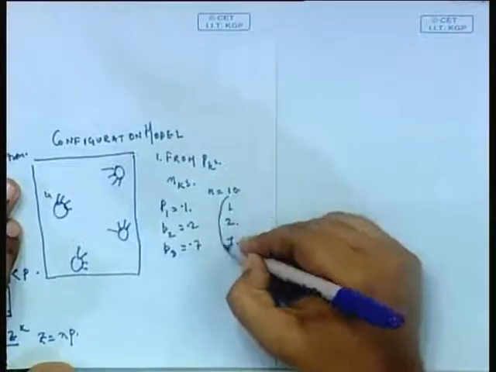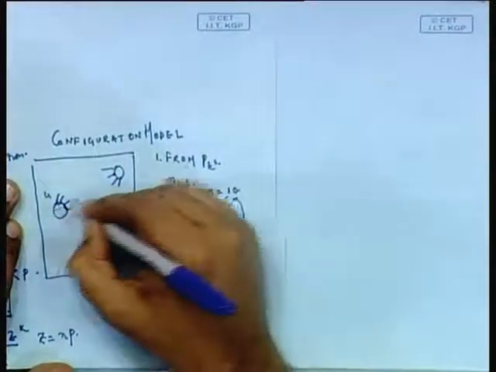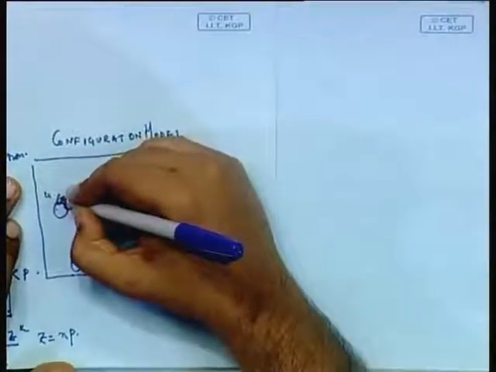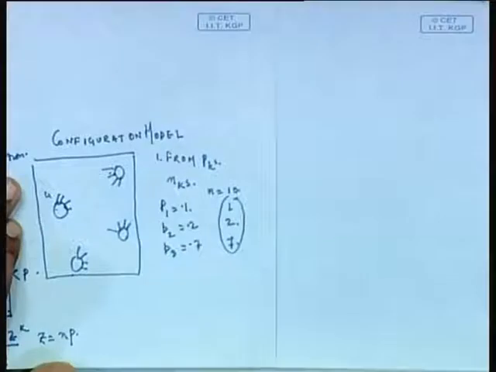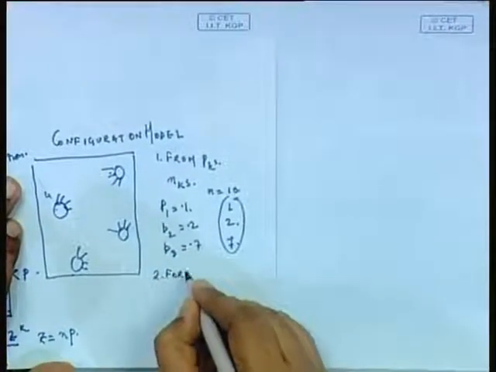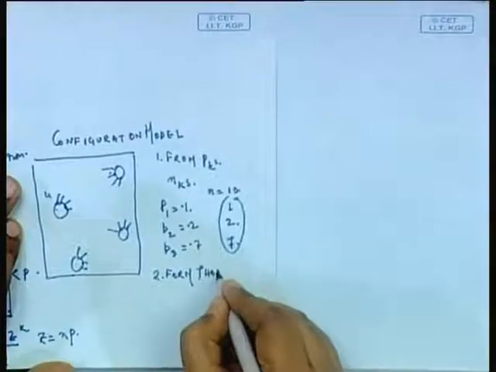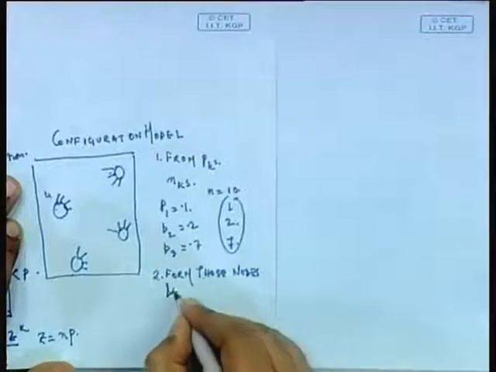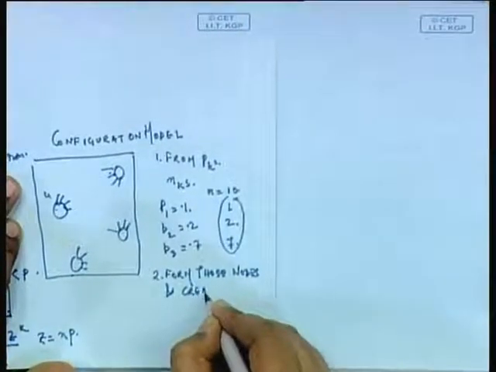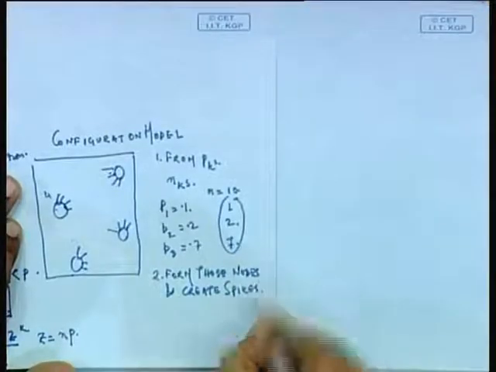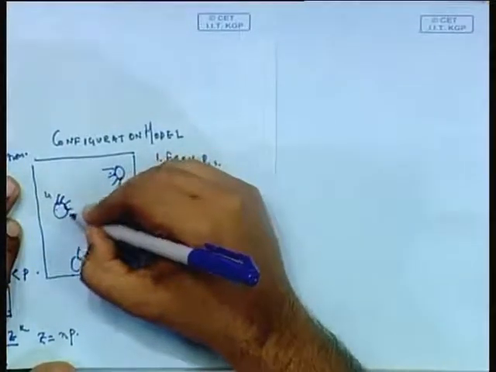Now, once this is known, drop those nodes and then create spikes from those nodes. Spikes means just create spikes.